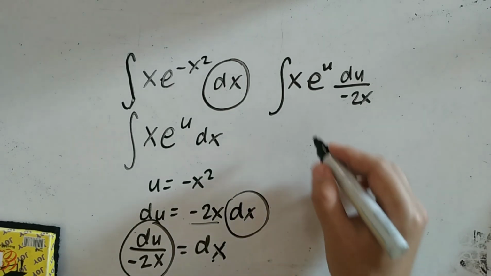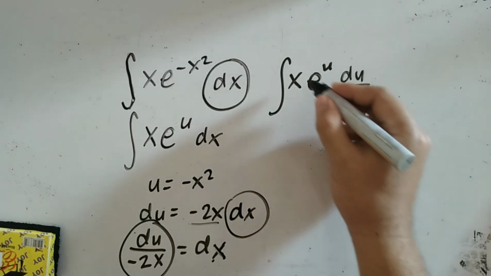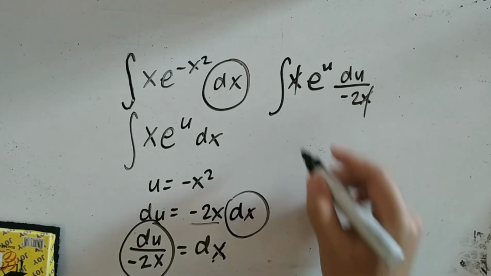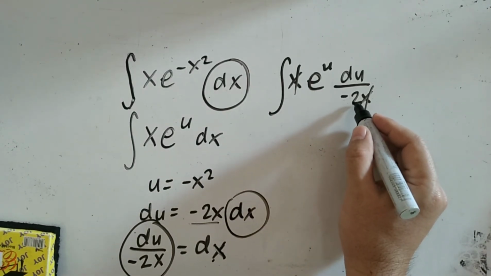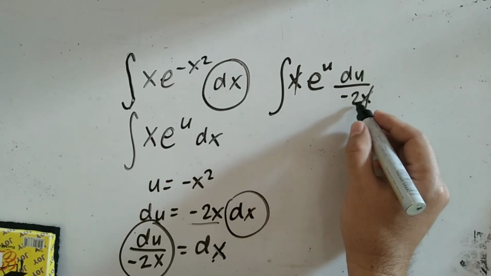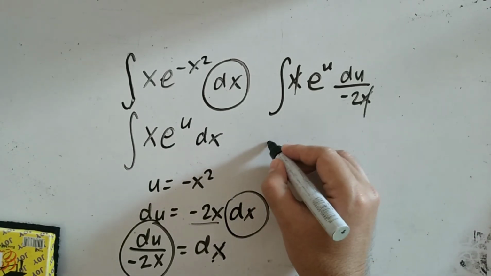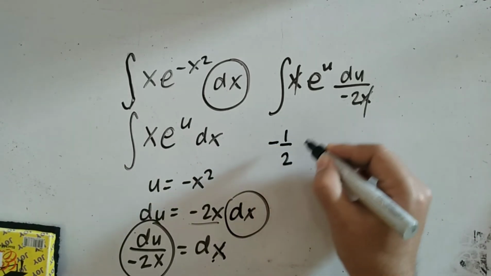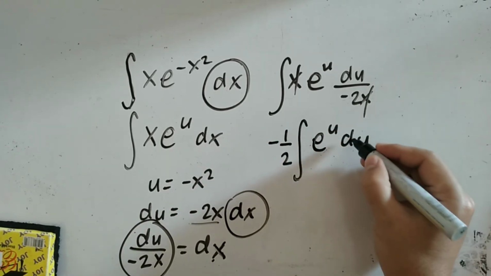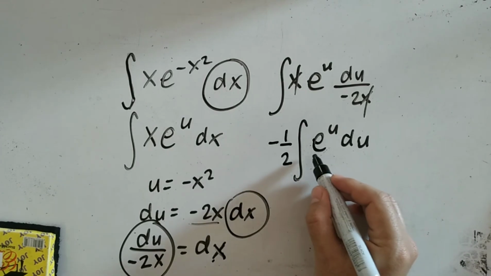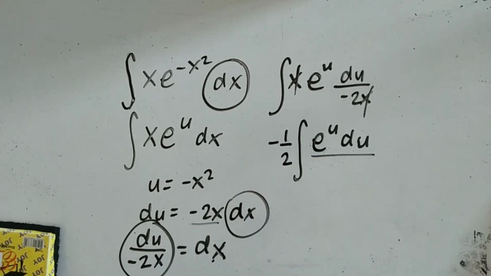Okay, so we cancel x, and we factor out of the integrand negative 1 over 2, integral of e to the u du. And if you recall in your integral calculus, the integral of e to the u du is e to the u.